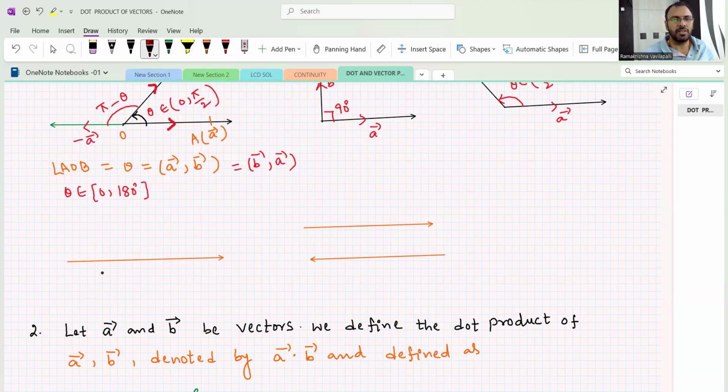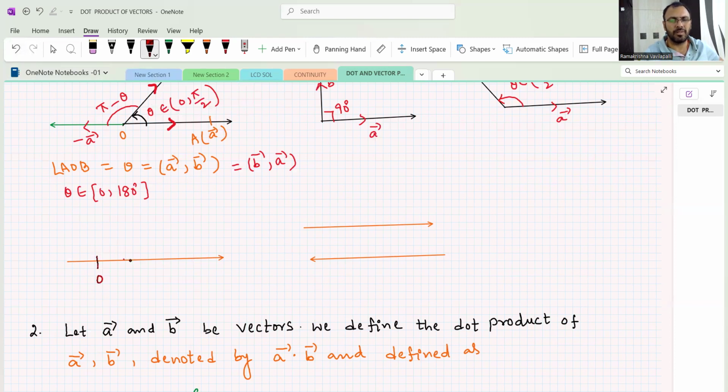All right. If A bar and B bar are in the same direction, then the angle between these vectors is 0. I'll write OA, OB.